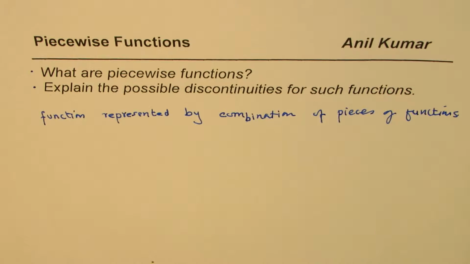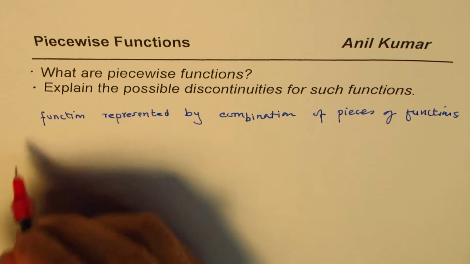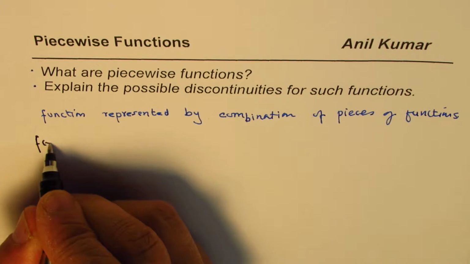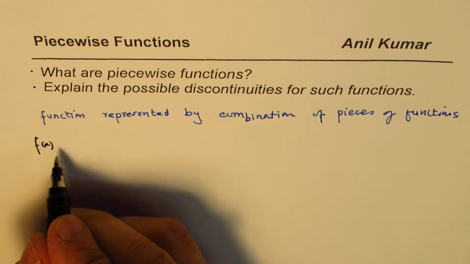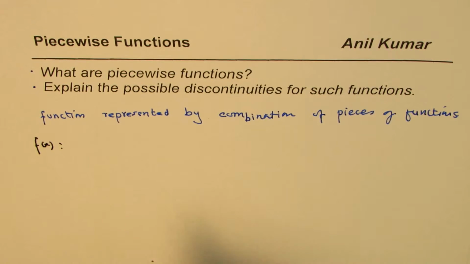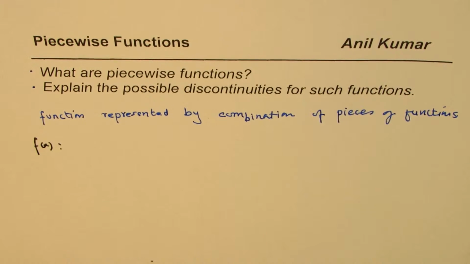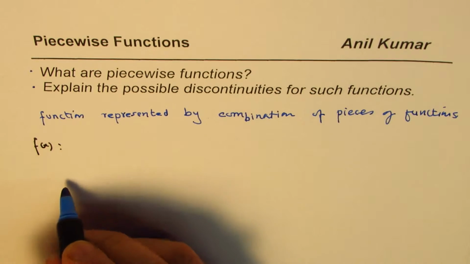For example, we may have a function. Let me write down this function as f of x, and a part of this function could be linear. Let us try to sketch this here, and then we'll discuss.